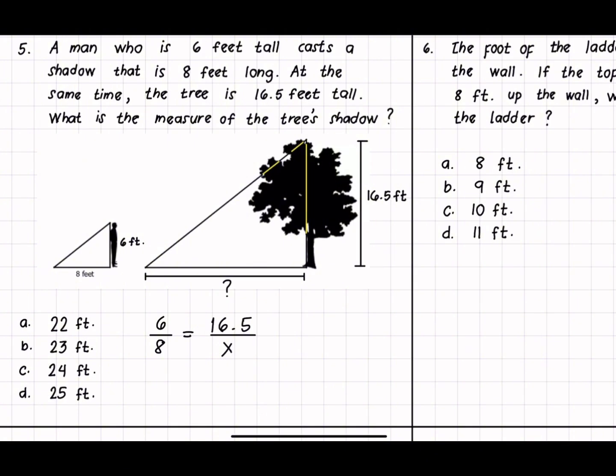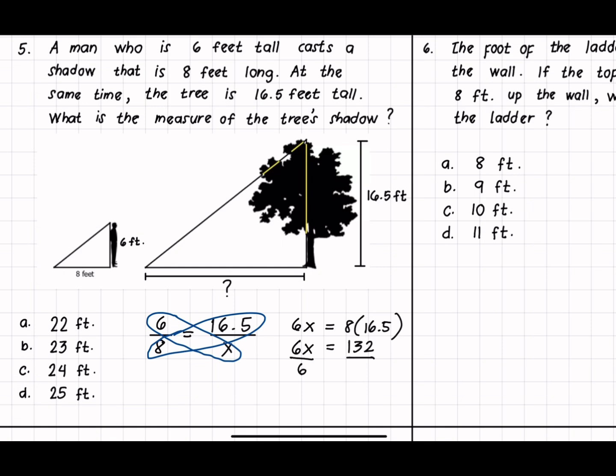So this is our proportion. Again, we can cross multiply this, wherein 6 times x is 6x is equal to 8 times 16.5. So bring down 6x. 8 times 16.5 is 132.